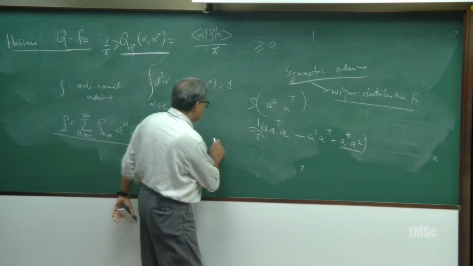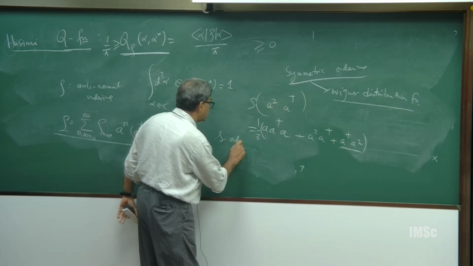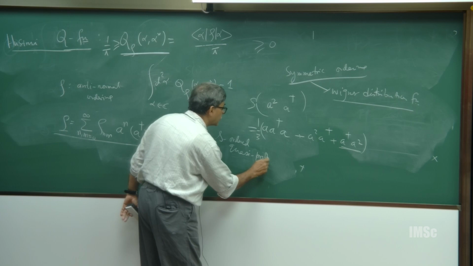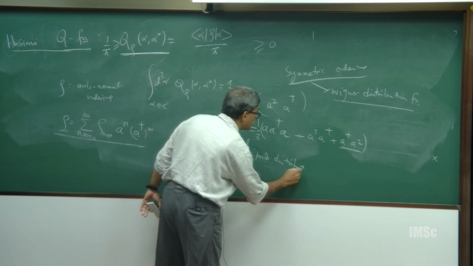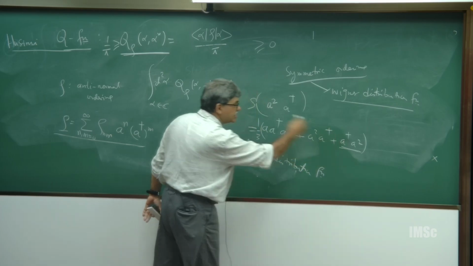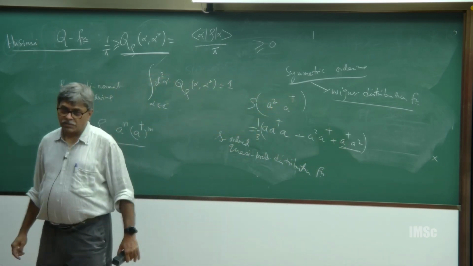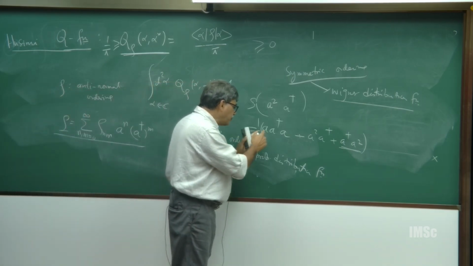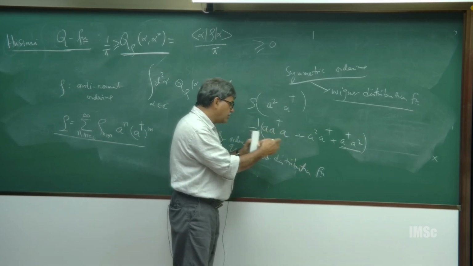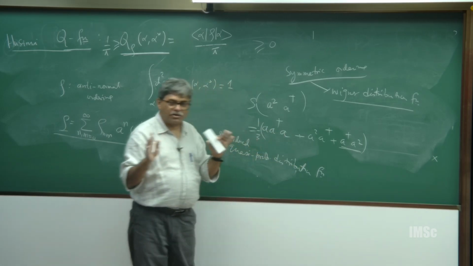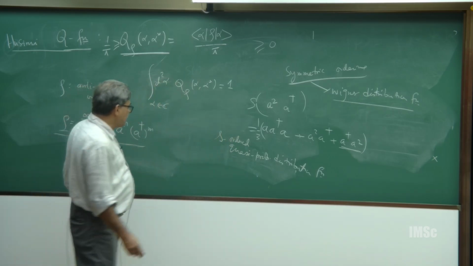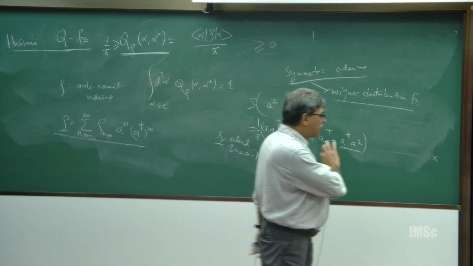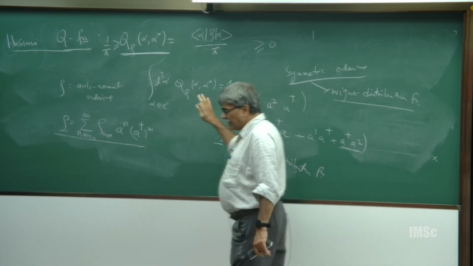There is also something called the S-ordered quasi probability distribution function, which is a generalization of all these three orderings. It gives some preference to powers of A and the remaining preference to powers of A dagger, and that preference is governed by the S value. I will talk about all these things in great detail later.